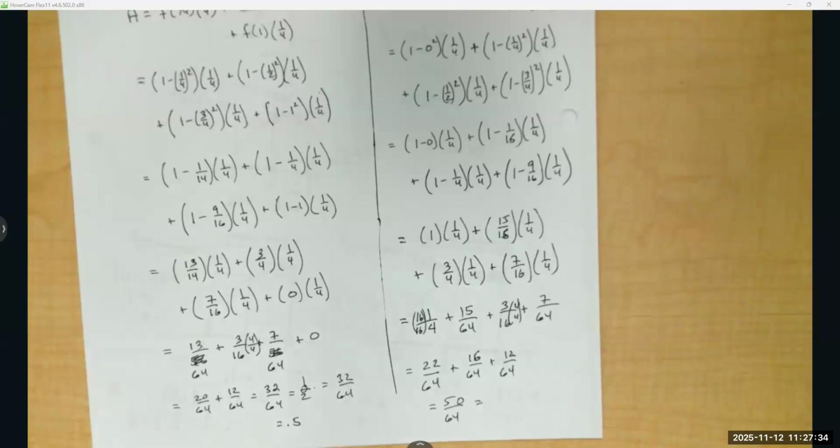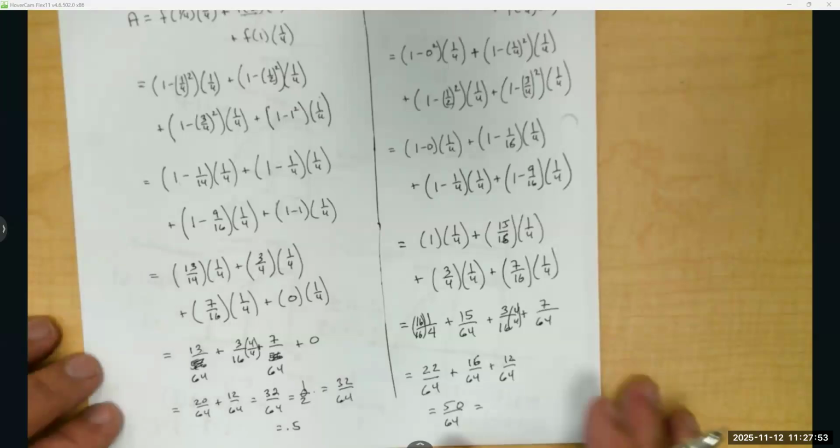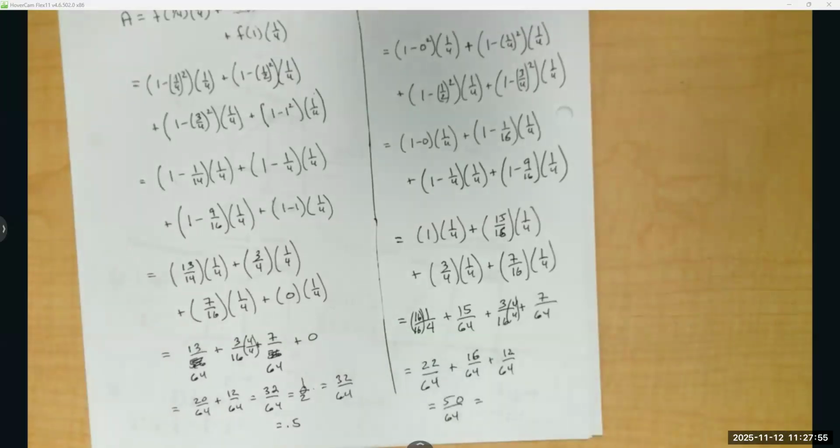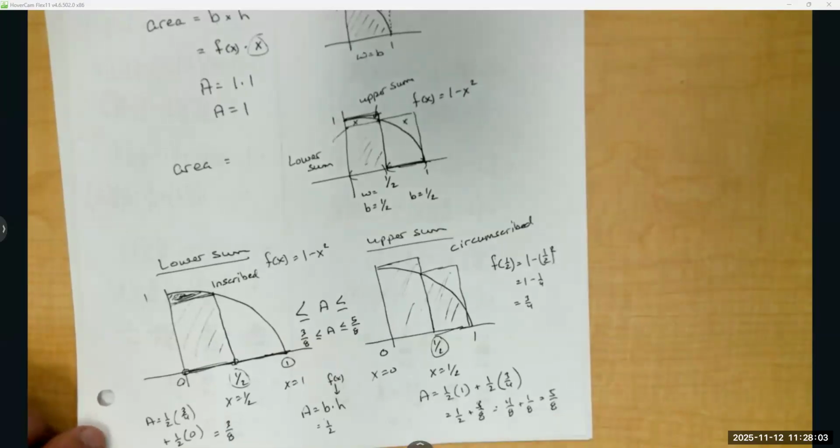There's another example. Oh, actually, is there another way we can do it? We can make this better. How? Because these are still pretty far apart, 32 over 64, 50 over 64. You notice from when we had two divisions, our areas were 3/8 and 5/8.